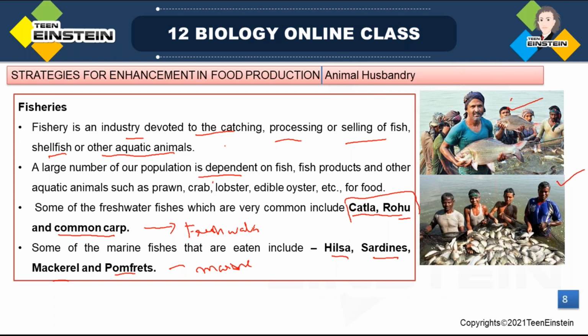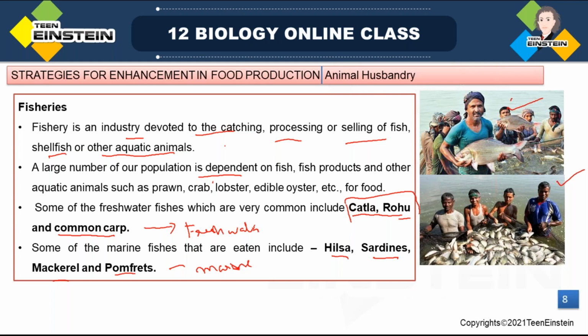So a large population is depending upon fish. Then they make fish products and other aquatic animal products also. So many people are working in this industry, fisheries.